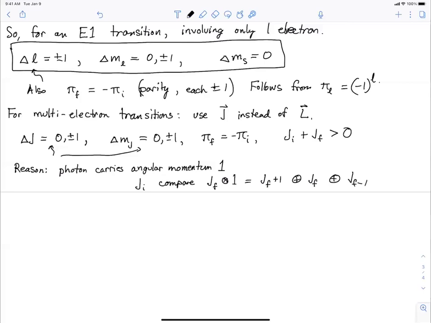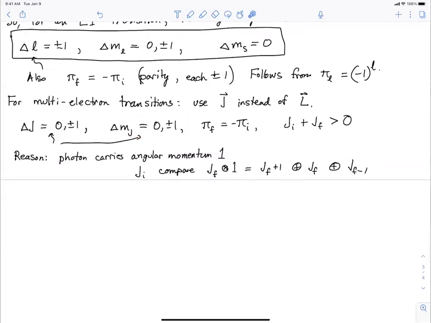But those are the only things that occur in the tensor product of something with angular momentum 1. And so that's where this rule comes from. And then this rule just comes from the Z components of that same statement.